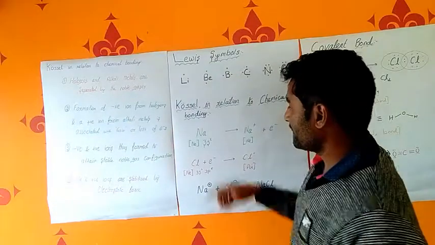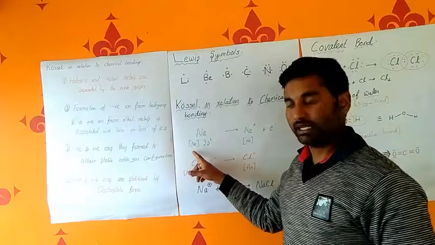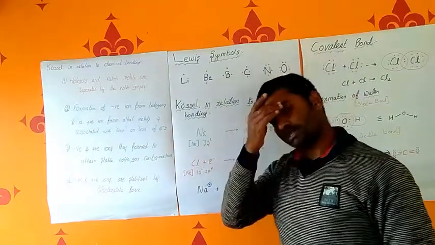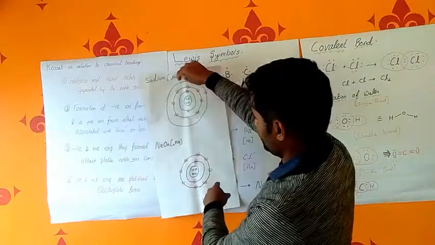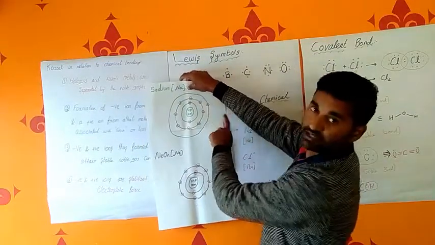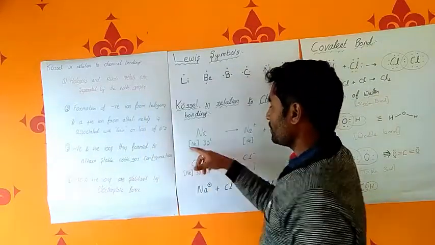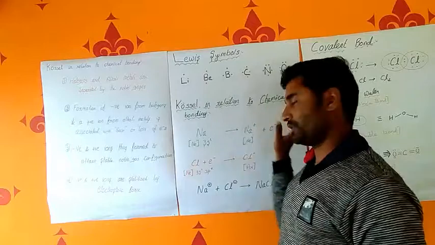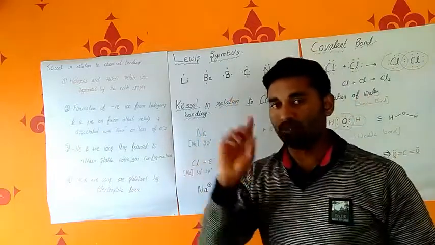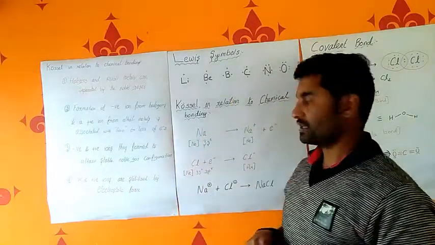So instead of writing sodium, we could write neon 3s1, because in the third shell, in the third orbital, only one electron is occupied. Due to that, instead of writing so, we could write neon 3s1 to indicate only one electron in the valence shell.